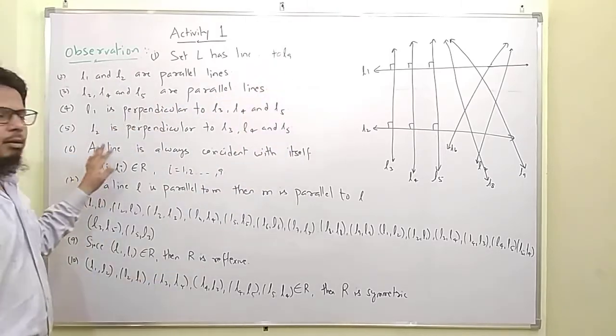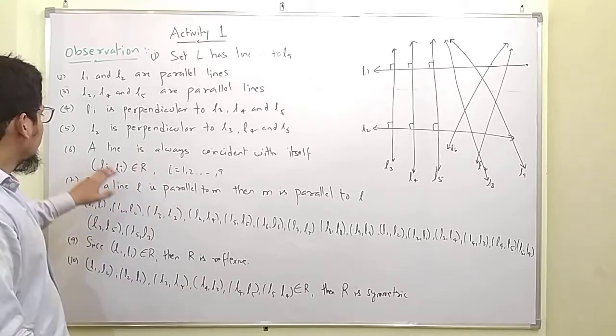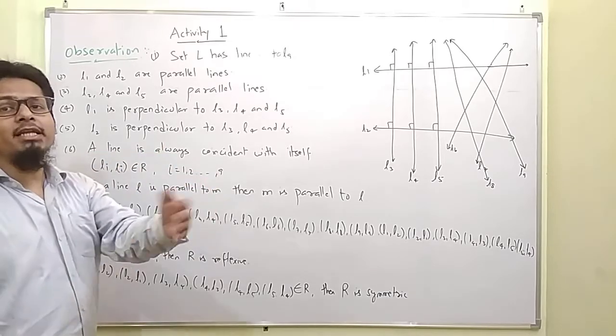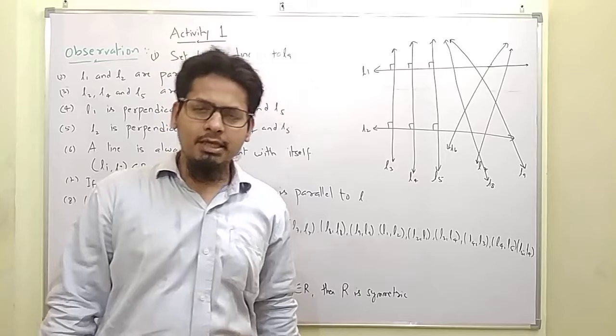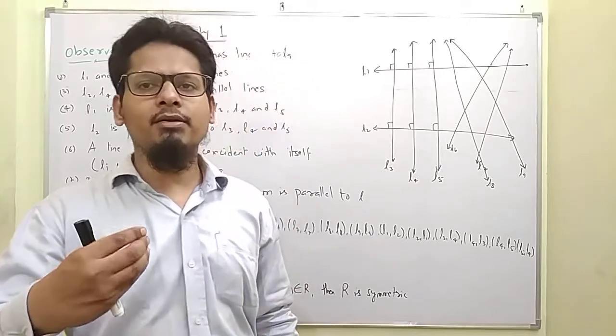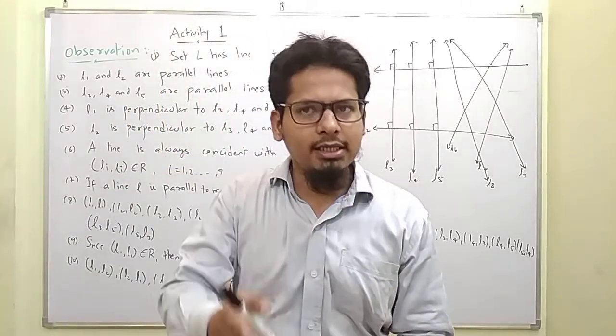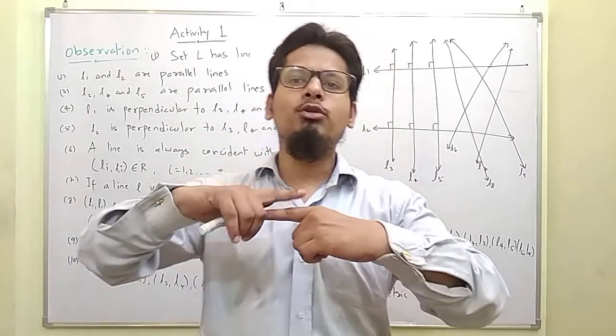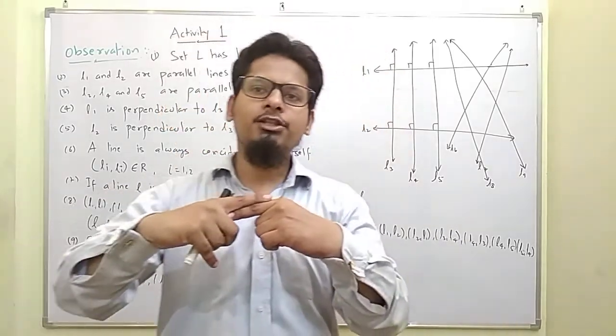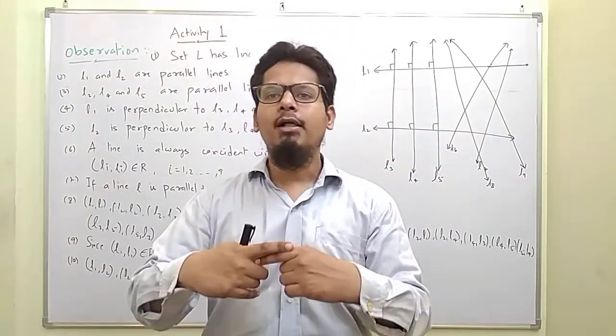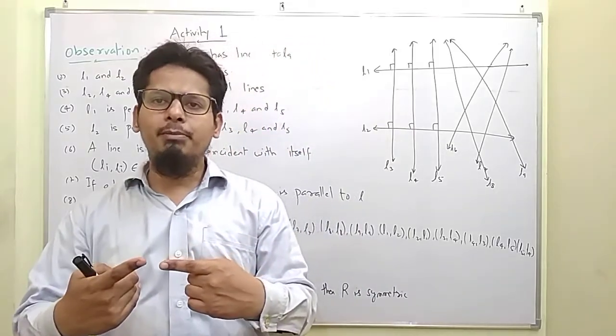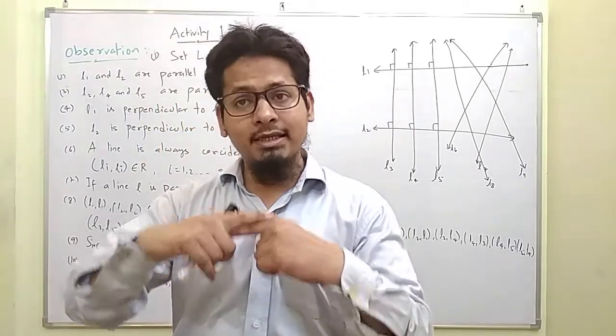After this, from number 6, what is mentioned here? A line is always coinciding with itself. Meaning any line among the 9 lines we have taken will be coinciding with itself. So relation R will be satisfied here, because every line coincides with itself.